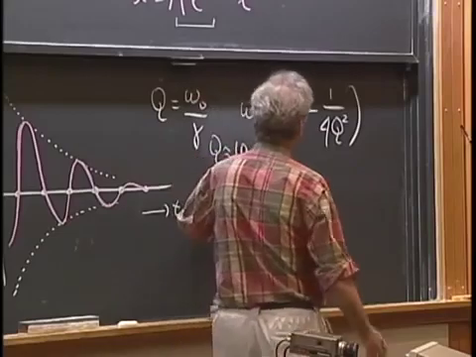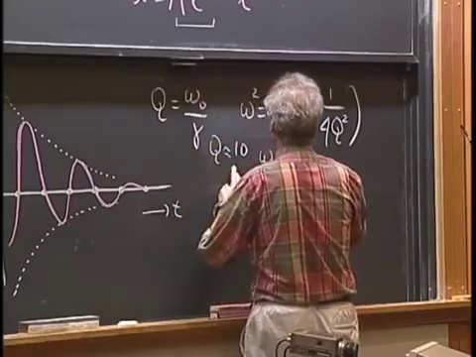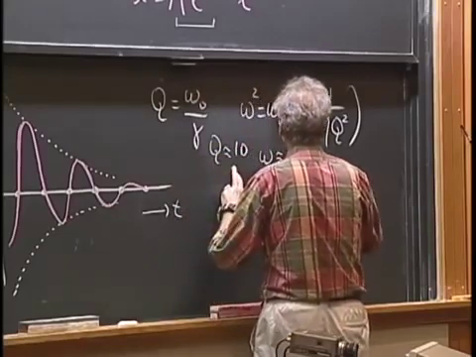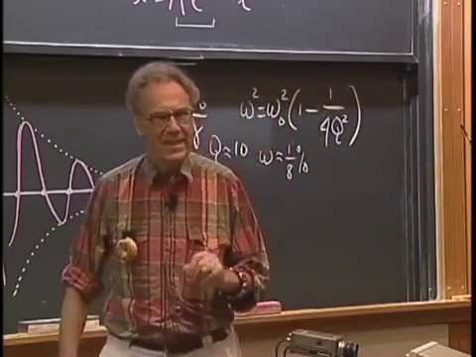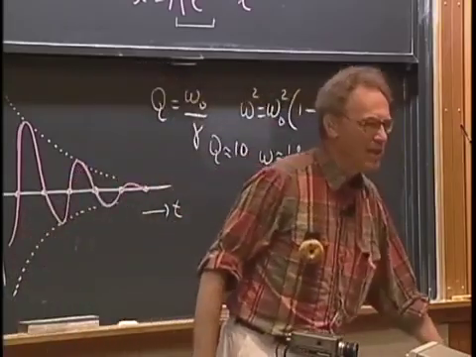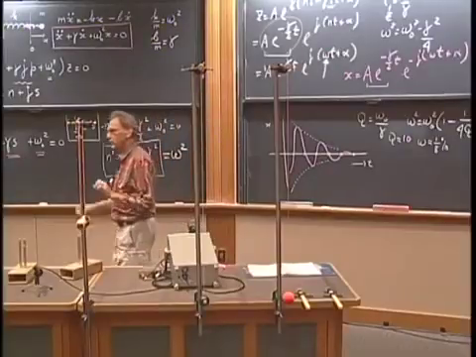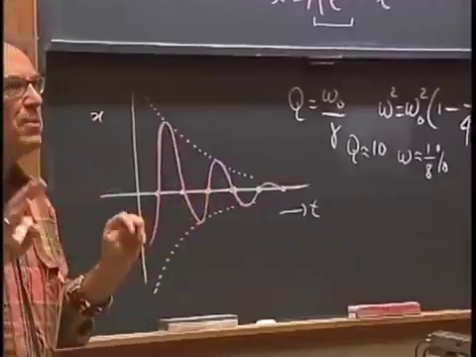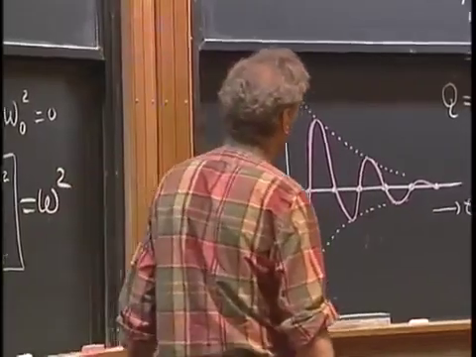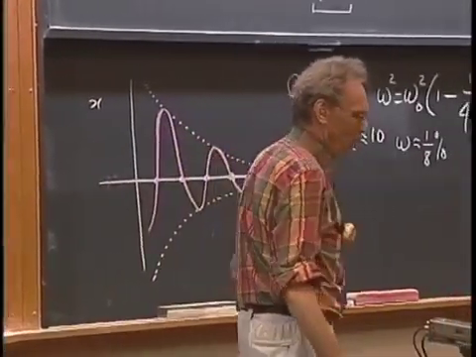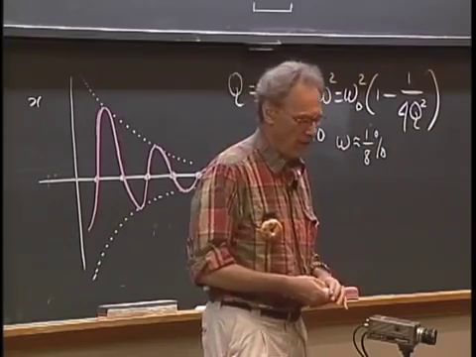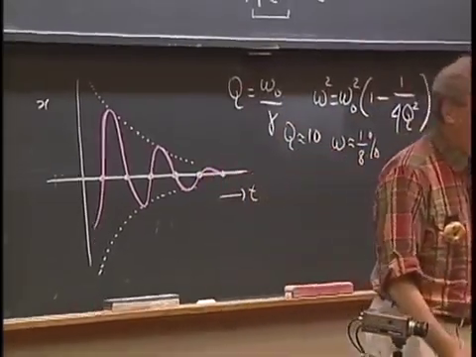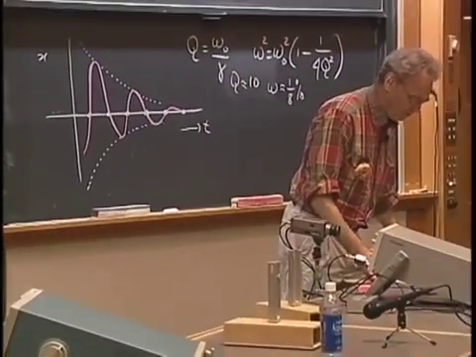So for Q of 10, omega is only 1/8% lower than omega 0. Even if you make the Q as low as 2, the frequencies are only off by about 3.2%. So I want you to appreciate that most of the time, but not always, is omega very close to omega 0.